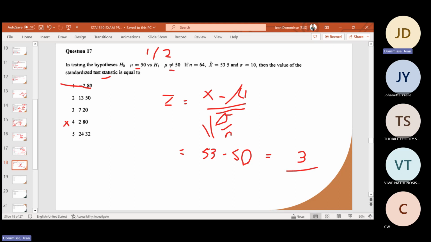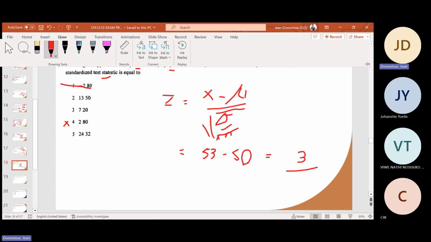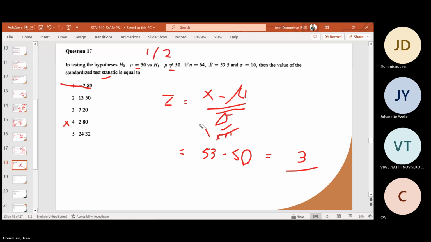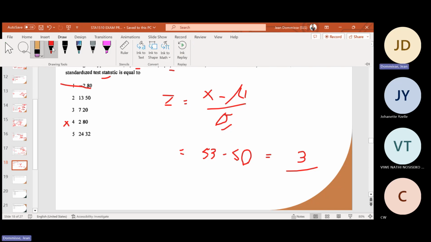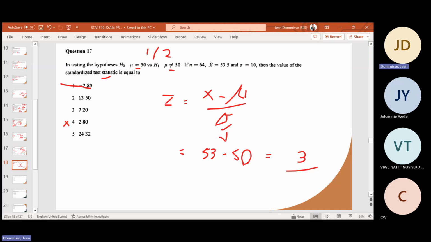So then we need to divide by the standard deviation, which is 10 divided by, okay, let me just check my formula. I think I've done it wrong. It should be the standard deviation divided by the square root of n, and not the whole thing.